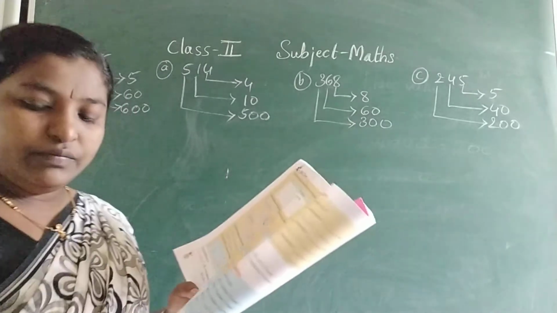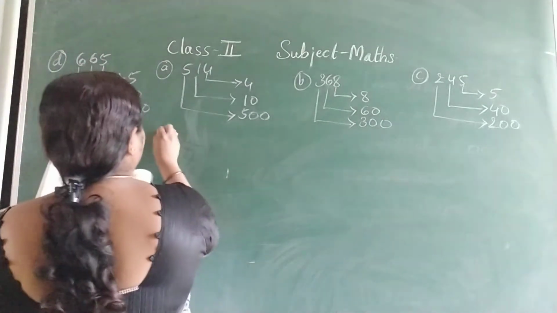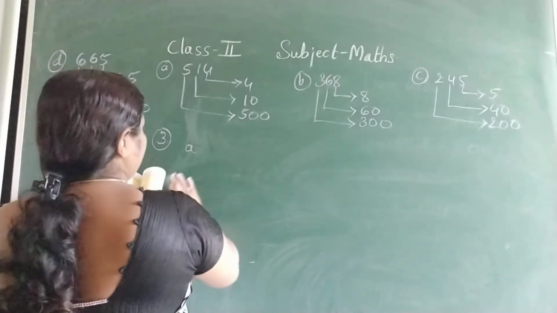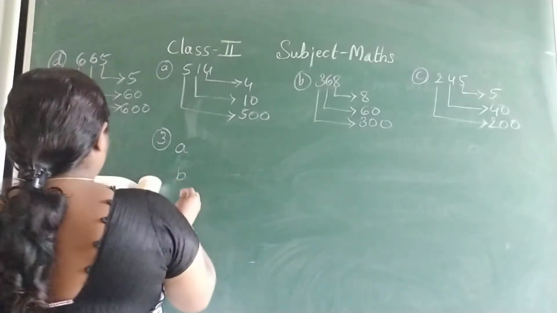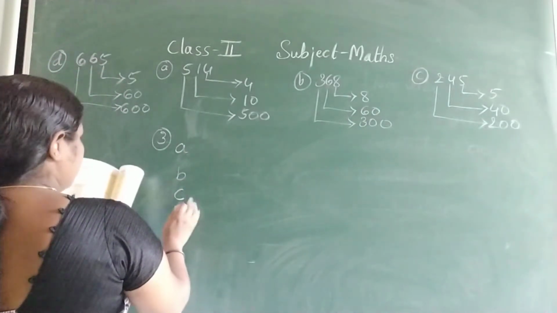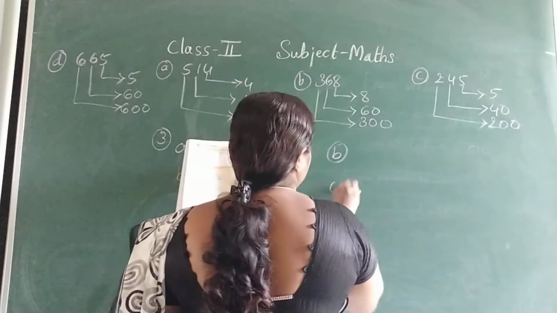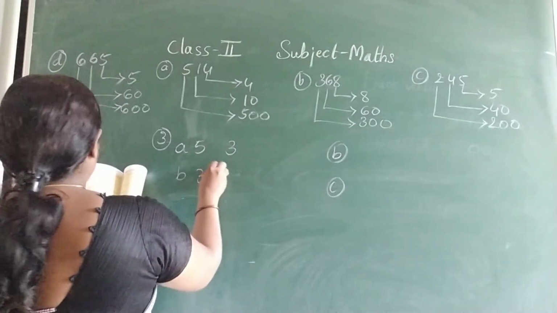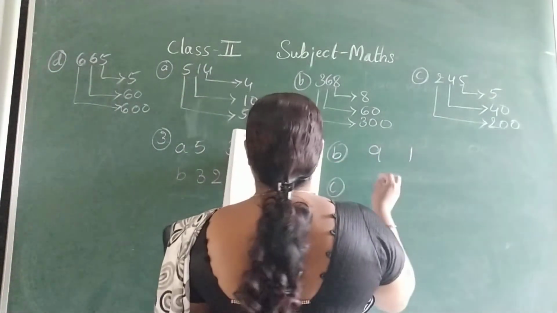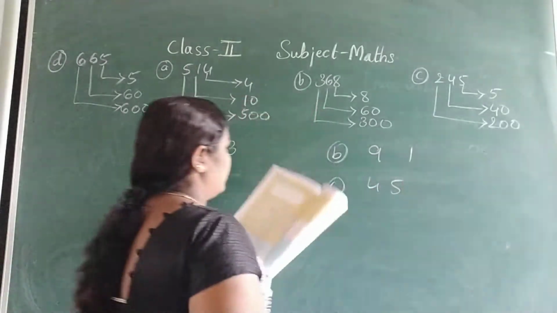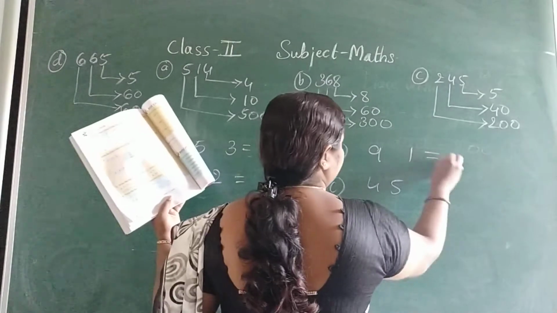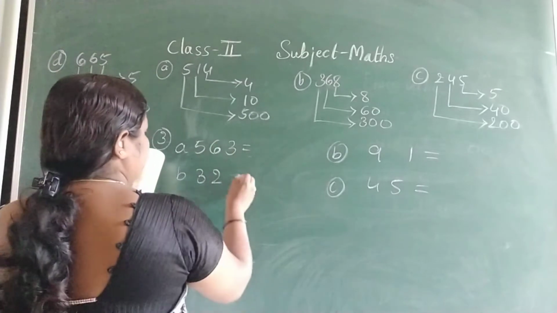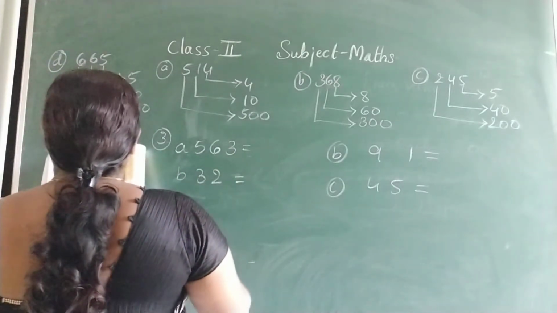Okay. Third one. A, B, C. The numbers are 5, 6, 3; 3, 2, 4; 9, 3, 1; 4, 5, 2.